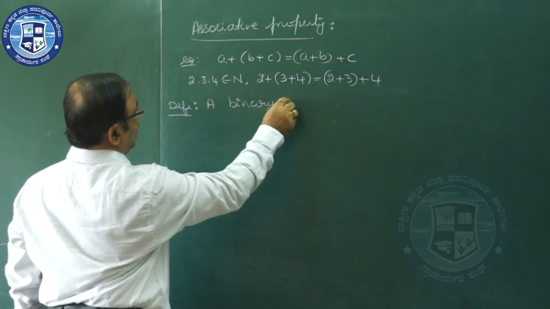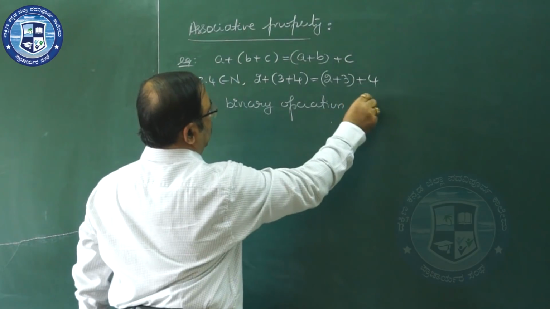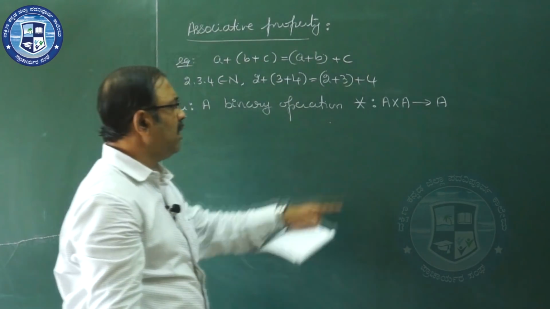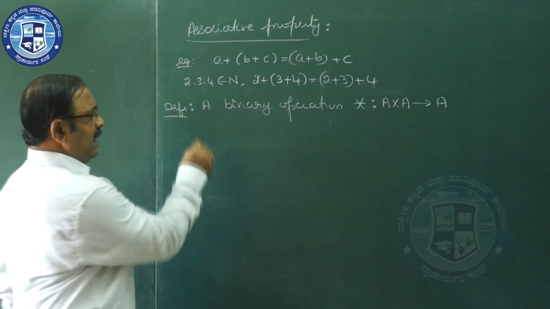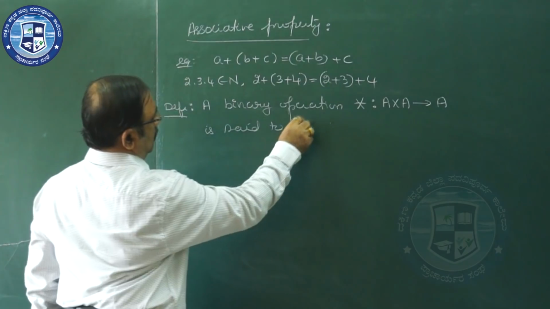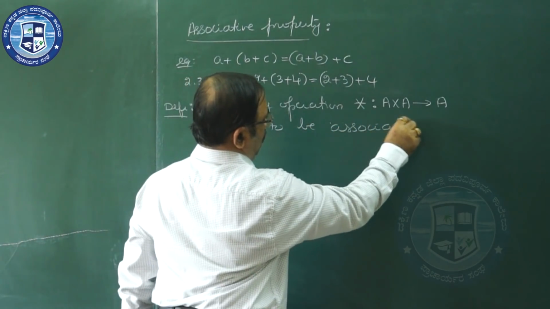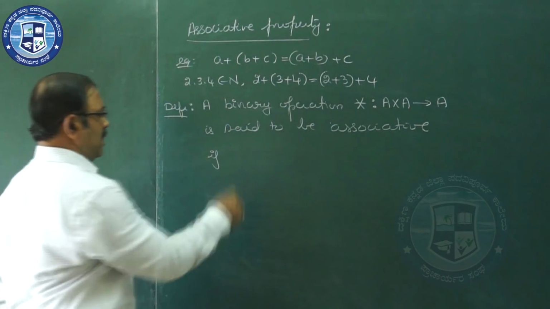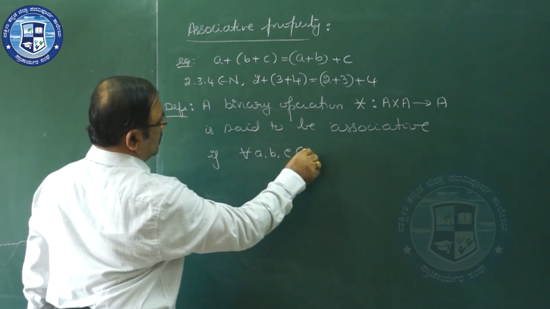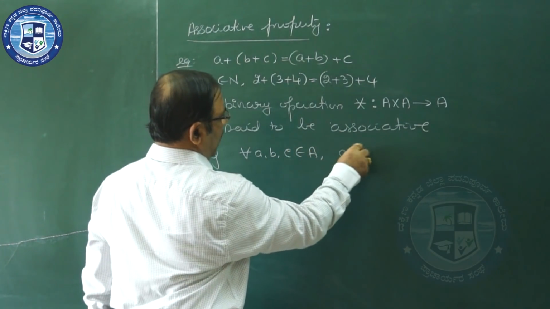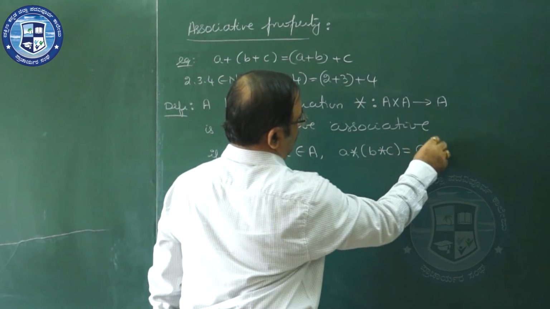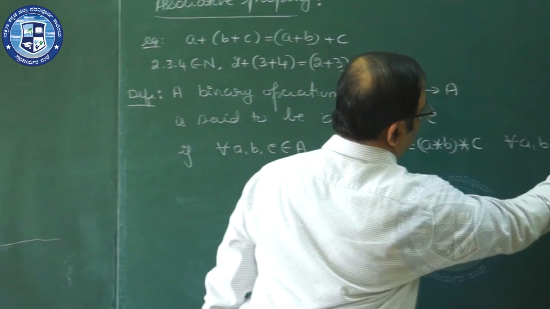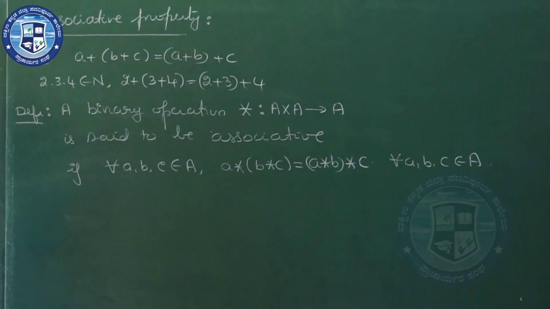A binary operation star from A cross A to A is said to be associative if for all A, B, C belonging to A, A star B star C is equal to A star B star C. So, what is this associative property in general?